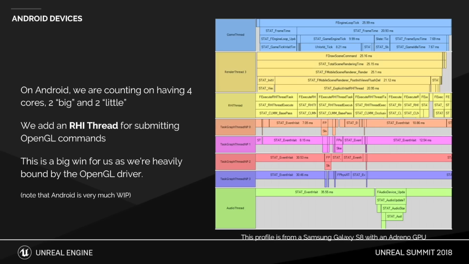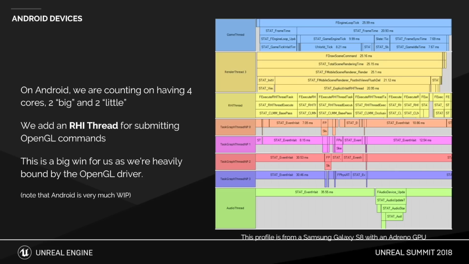For OpenGL, the driver has a lot of overhead because there's a lot of state and a lot of management that has to happen in the driver. So instead of having Unreal's render thread do a lot of work in Unreal to work out what to render and then issue OpenGL calls, we separate those two things. Here the top one's the game thread, and then the second one is the rendering thread, which is working out what objects we need to draw and how they need to be drawn.